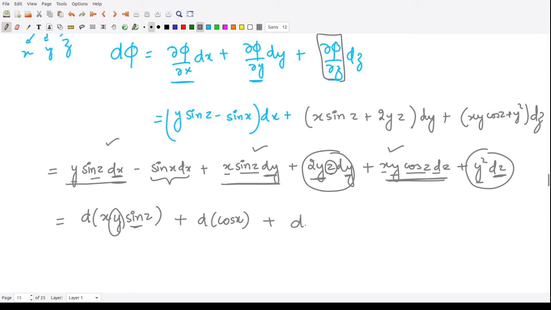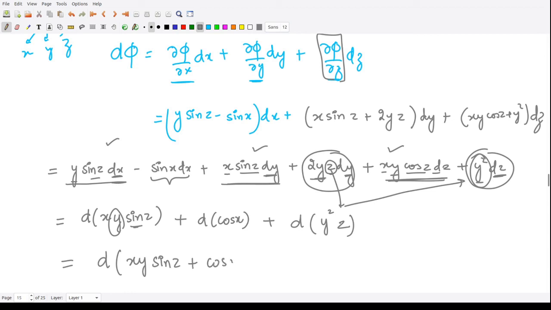So that means you can write this to be the derivative of y square into z, so that when you differentiate this, you obtain these two terms. So this is the complete derivative. Now because derivative is linear in nature, you could club all these terms. So you can write this to be d of (xy sin z plus cos x plus y square z). So this is your d phi.